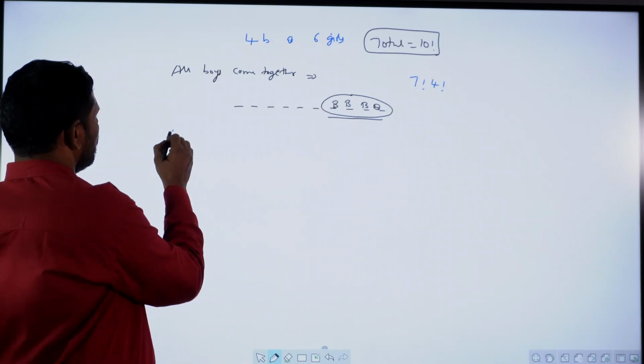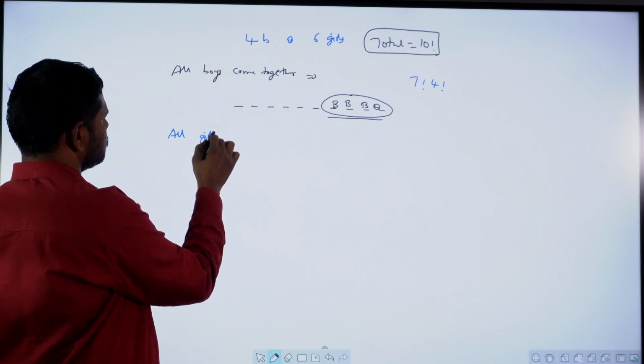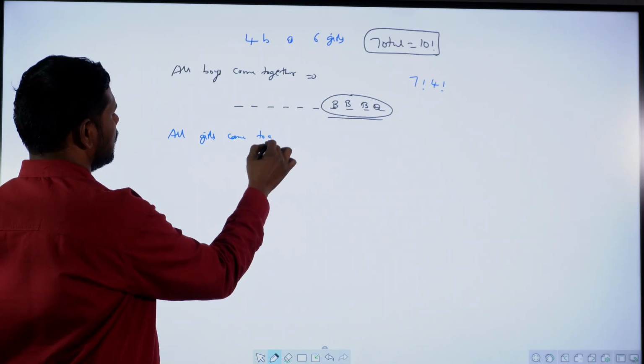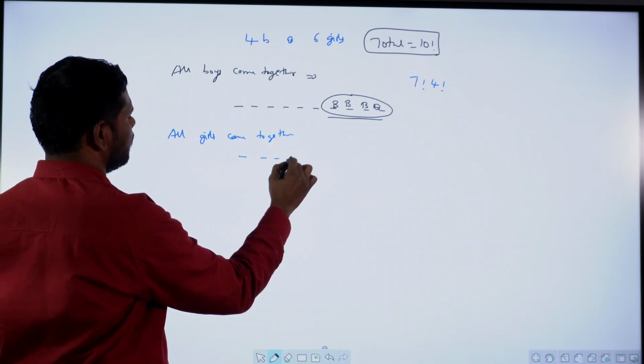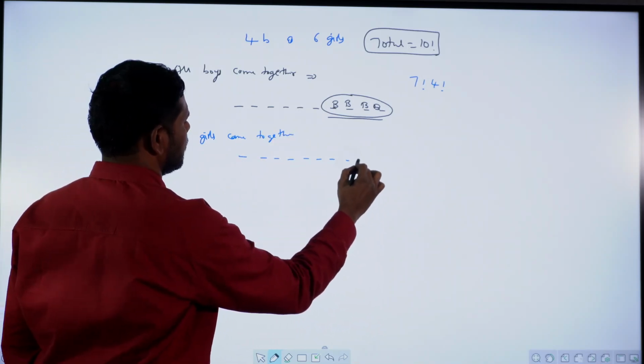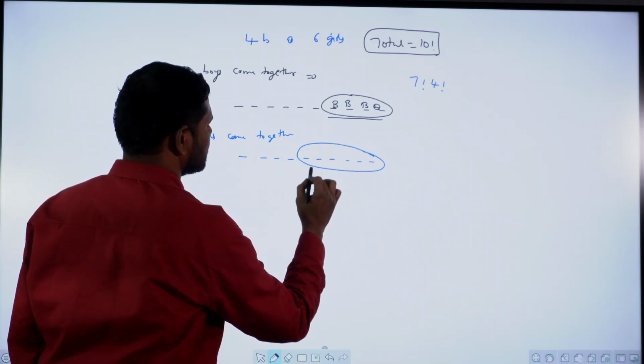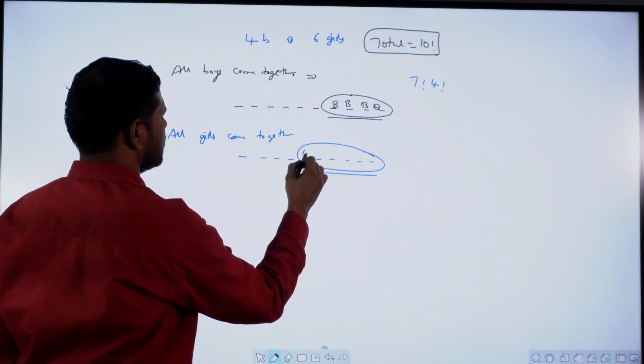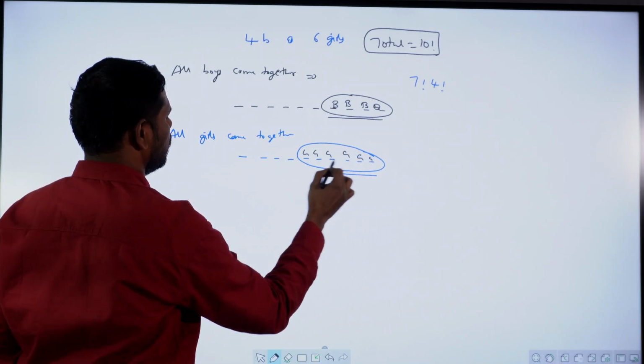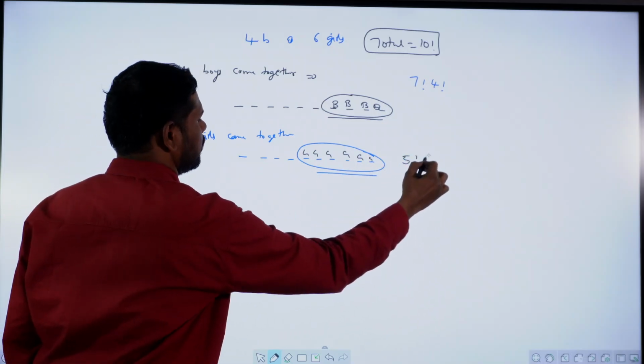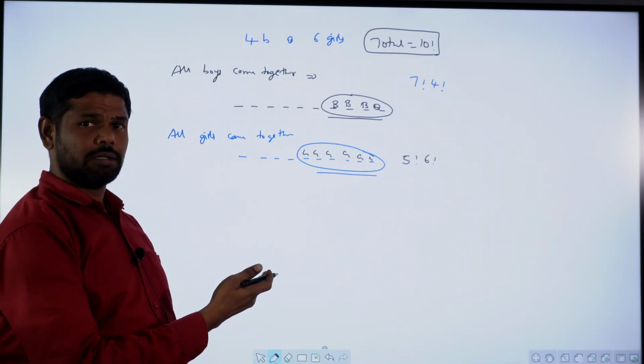Next, all girls come together. All girls come together means 1, 2, 3, 4, 5, 6, 7, 8, 9, 10. You need to make the 6 girls a group. 4 plus 1, 5 factorial into 6 factorial. That's it. Simple.